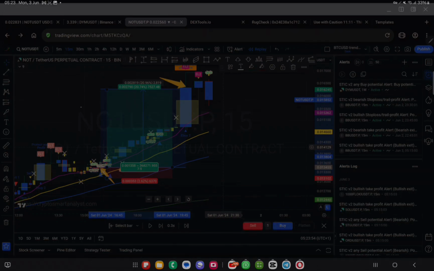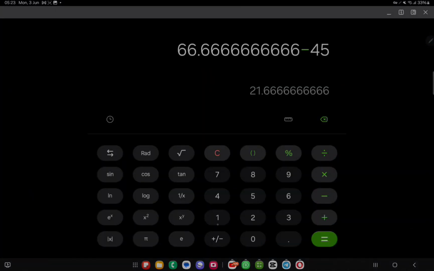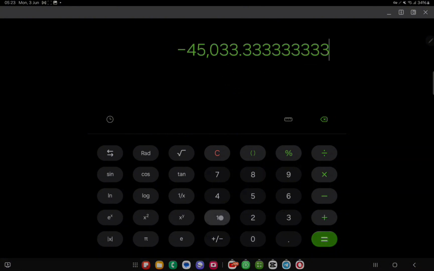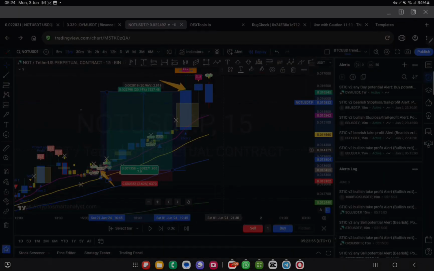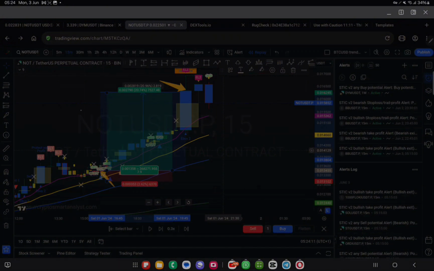So just to be clear, let's say your risk is $1,000. From here, you invested $1,000, and when the market gets here, you're going to be making $7,900. So that's the way it goes.